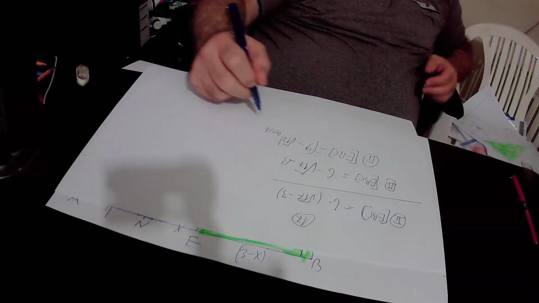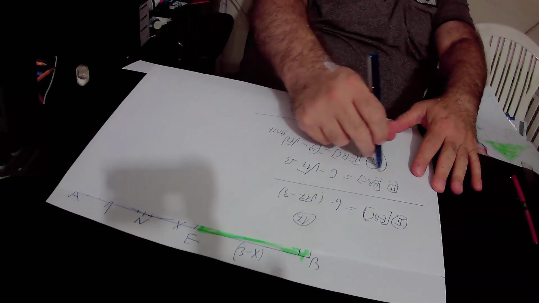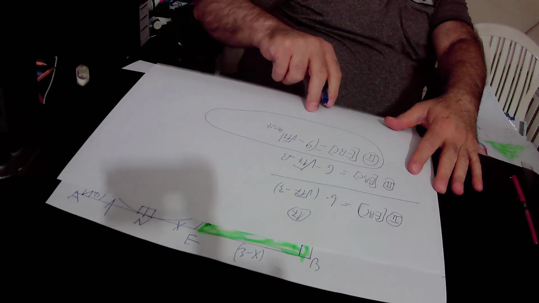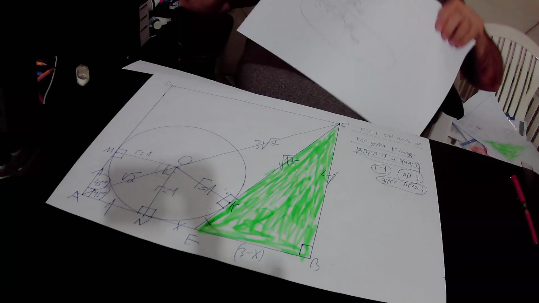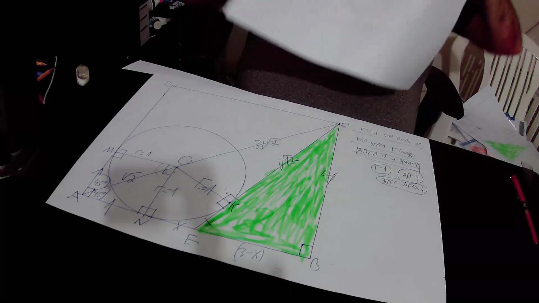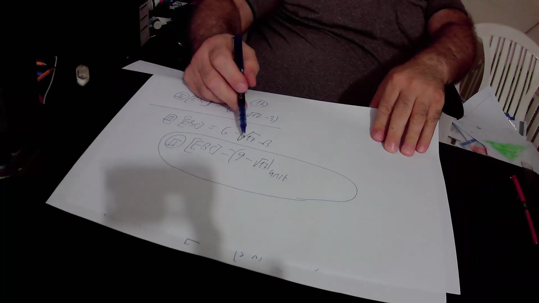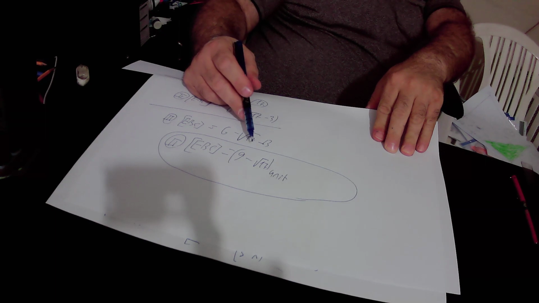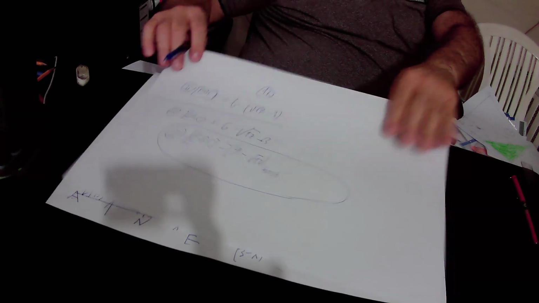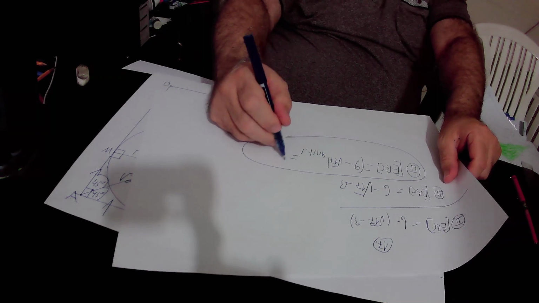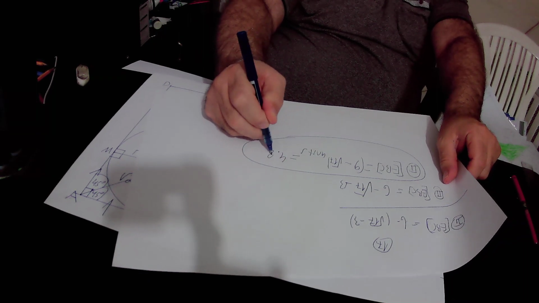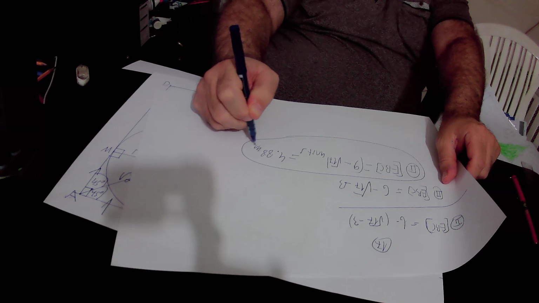So we found out that the area of the right green triangle, triangle EBC, equals 9 minus square root of 17 units, or in terms of numbers, it equals 4.88 units.